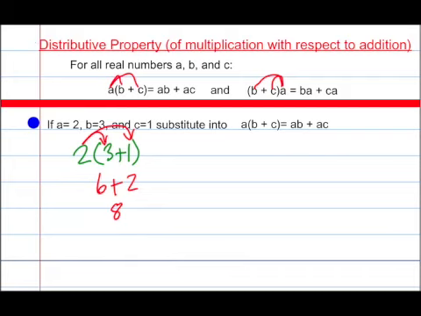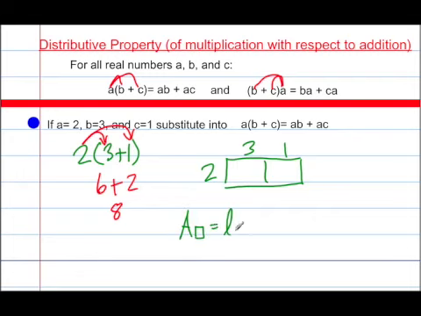Now here's another way to look at it. We have done distributive property before in previous lessons, but I figure this would be a good way to introduce you to the box method. Here we're going into a little bit of geometry because you're actually finding the area of this rectangle. We know area of a rectangle is equal to length times width.